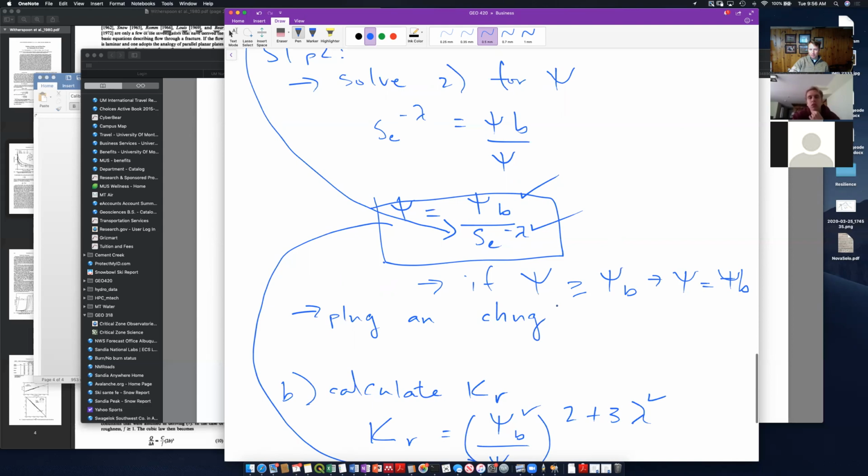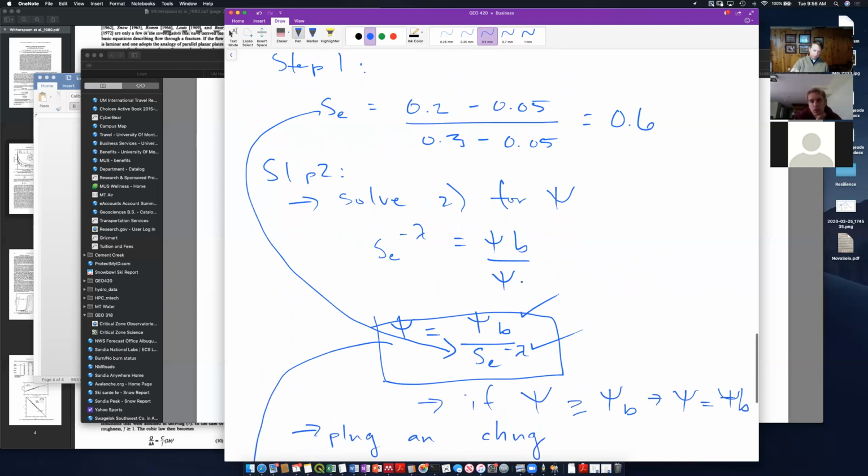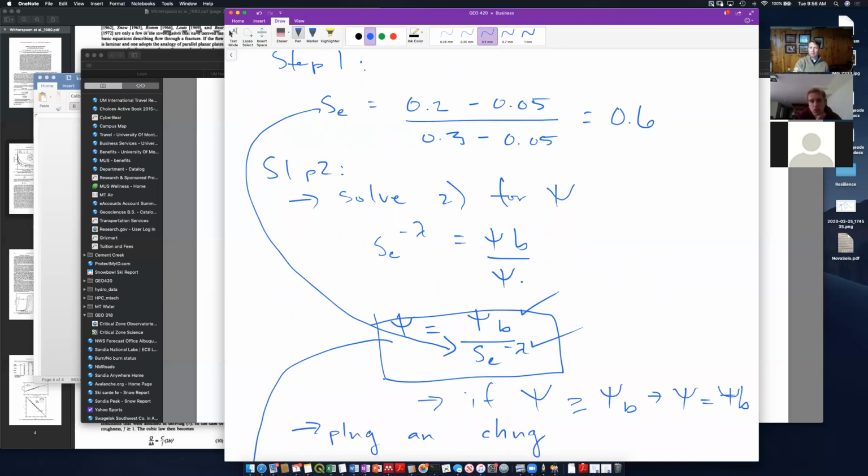But bottom line, in this equation, as it's written, you wouldn't have to worry about that. That will only happen when the effective saturation gets really close to fully saturated.